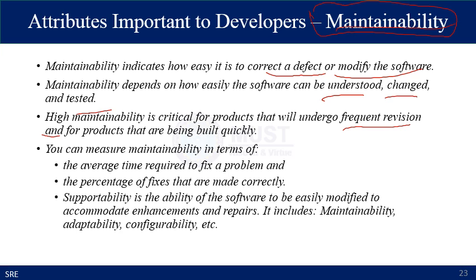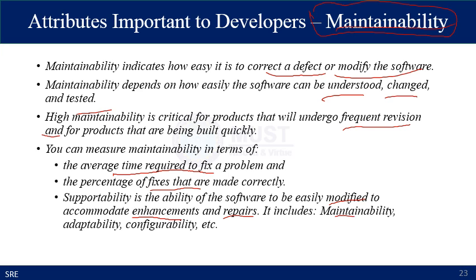So you can measure the maintainability in terms of the average time required to fix a problem and the percentage of fixes that are made correctly. Supportability is the ability of the software to be easily modified, to accommodate enhancements and repairs.